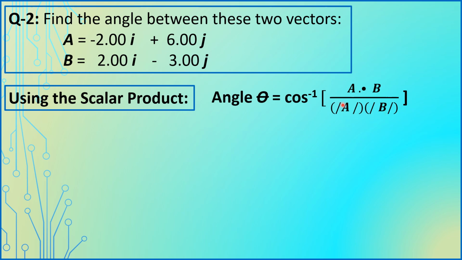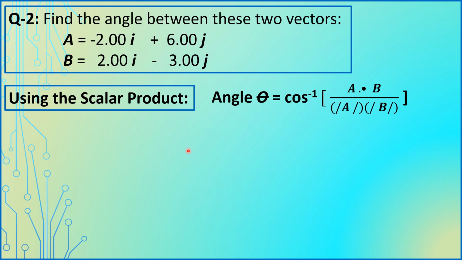The two slash symbols here suggest that we are going to consider only the magnitude of vector A, then multiply it by the magnitude of vector B. So that is our mathematical formula in determining the angle theta, which will be expressed in degrees.